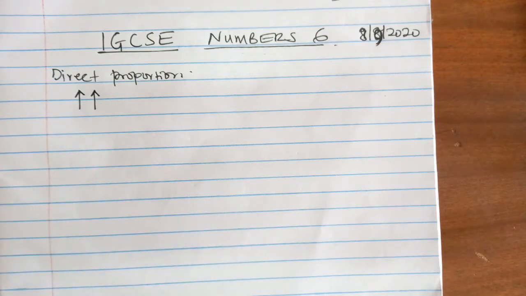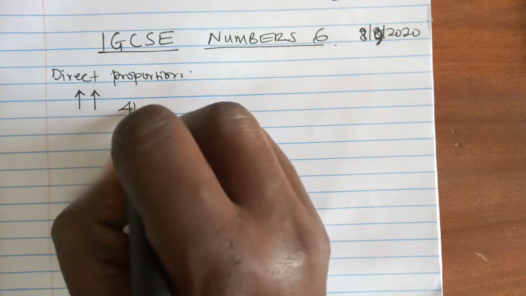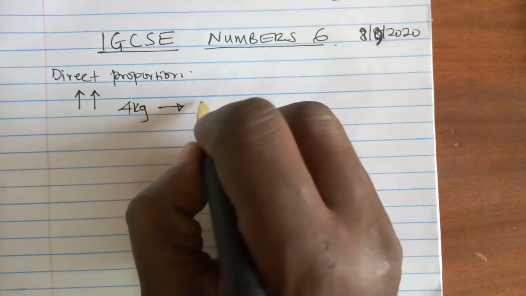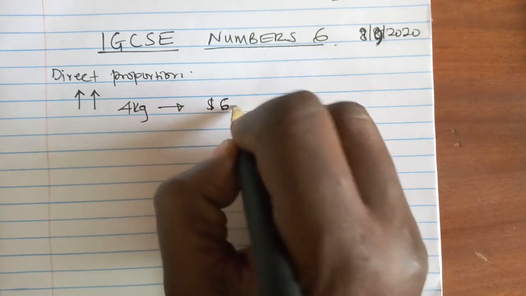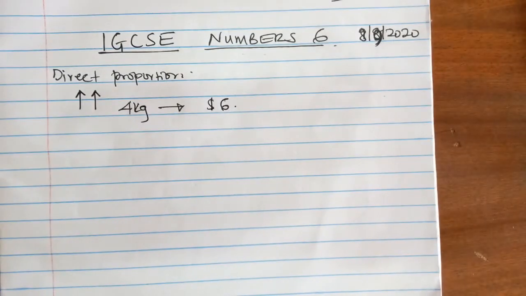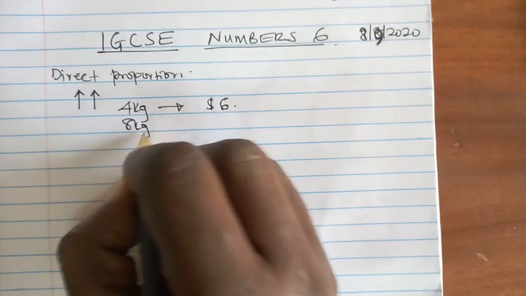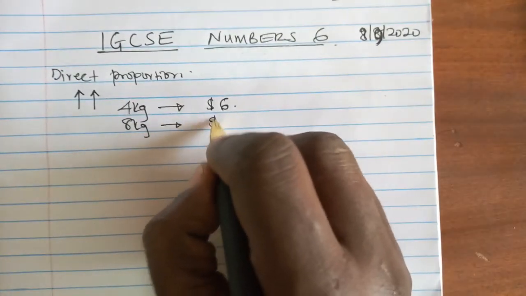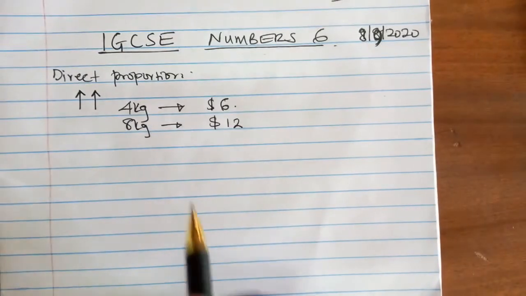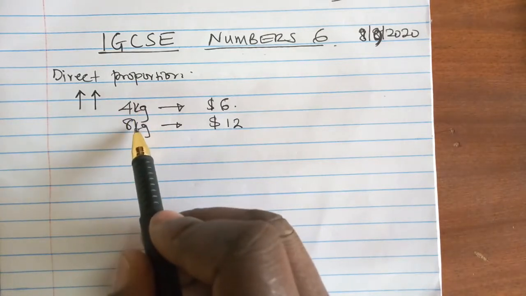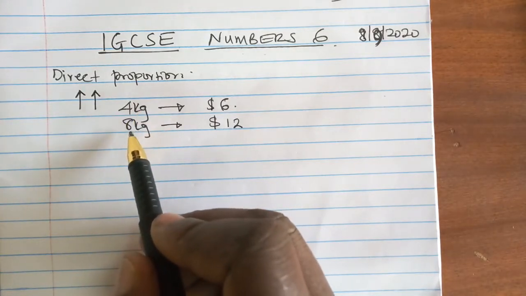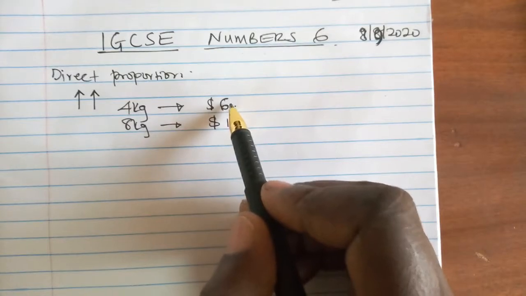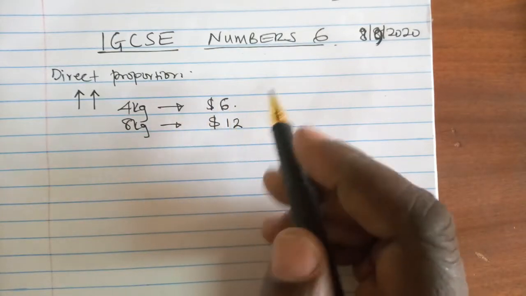And there's an example there. For example, if 4 kg of apples cost $6, then 8 kg will simply cost $12, because we have multiplied 4 by 2 to get 8, and that means we need to multiply 6 by 2 to get 12.